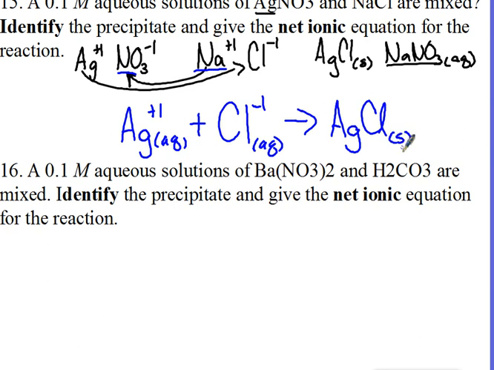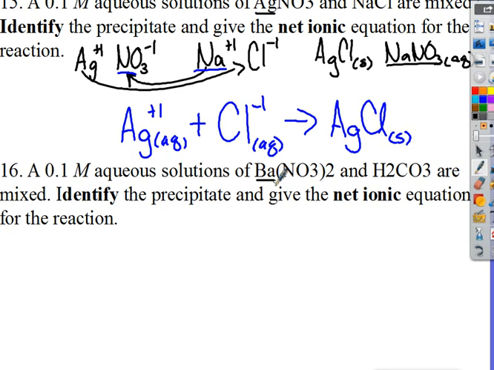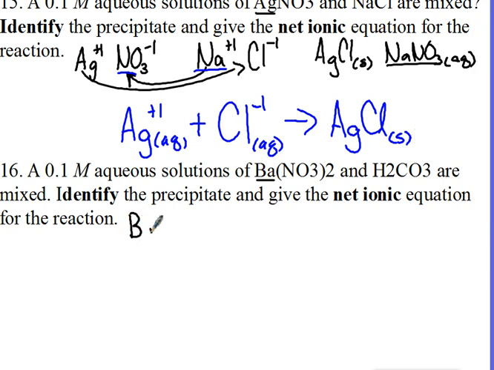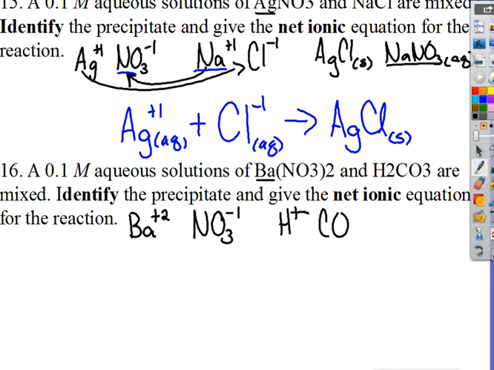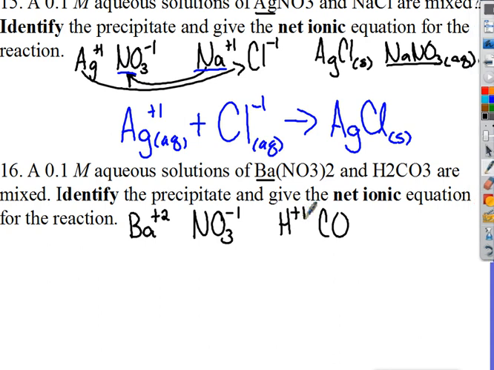Okay. My ions here are barium +2, nitrate -1, hydrogen +1, CO3 with a -2.